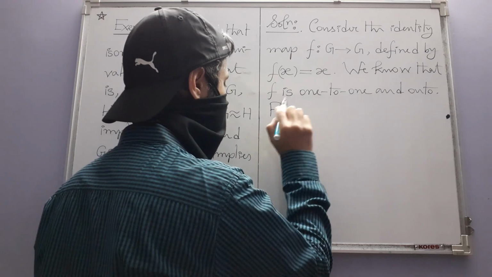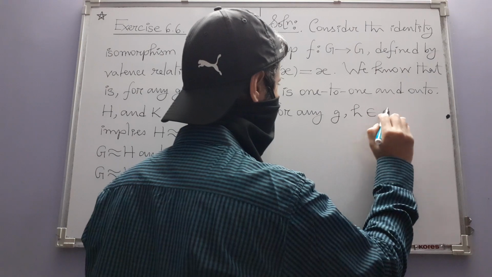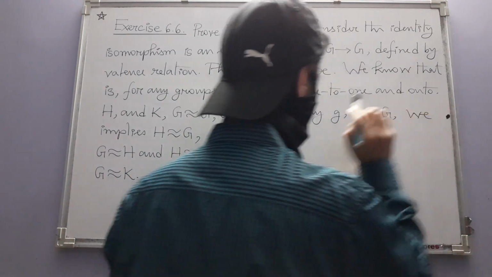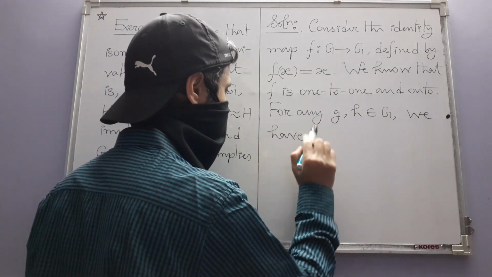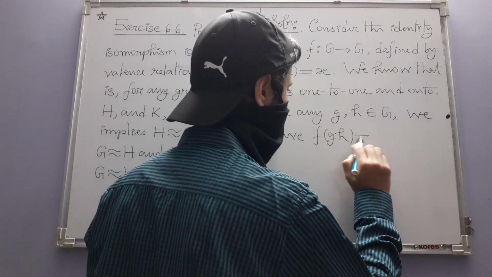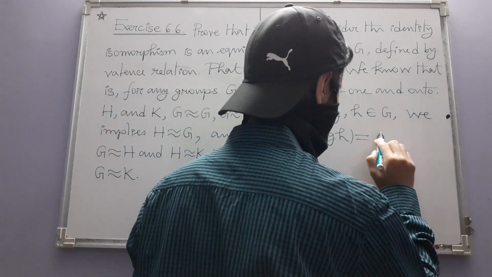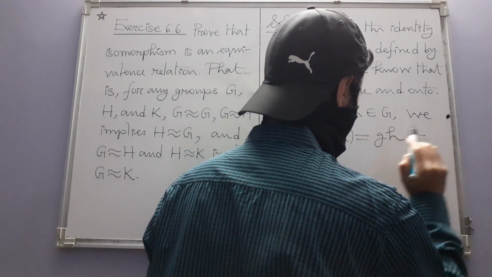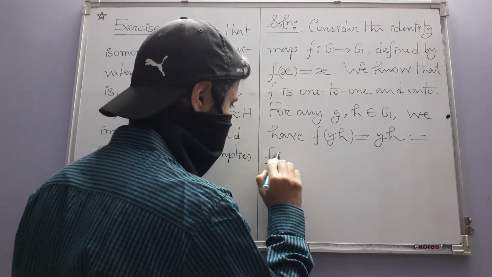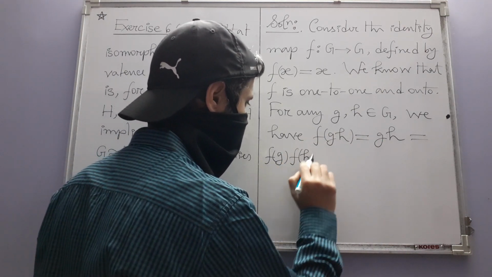For any two elements g and h in G, we have F of gh. By the definition of the map F, it is nothing but gh itself. But then again by the definition of F, g is nothing but F of g and h is simply F of h.